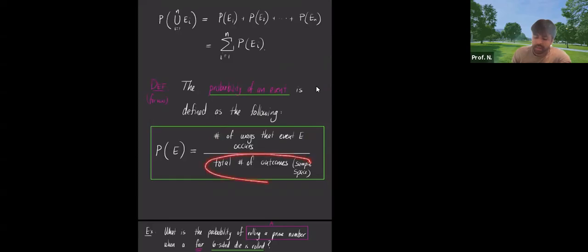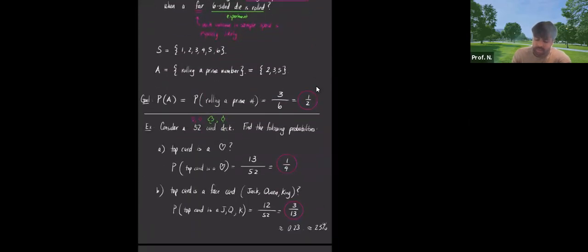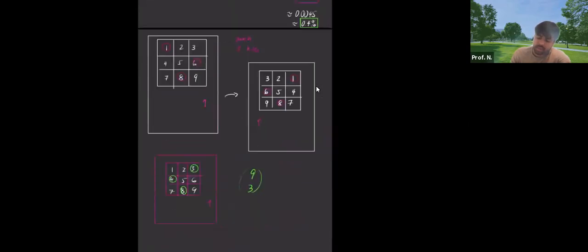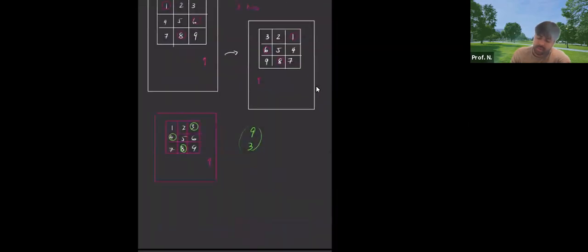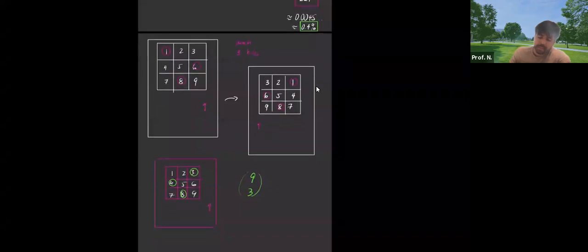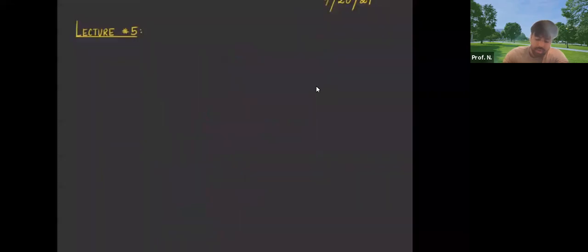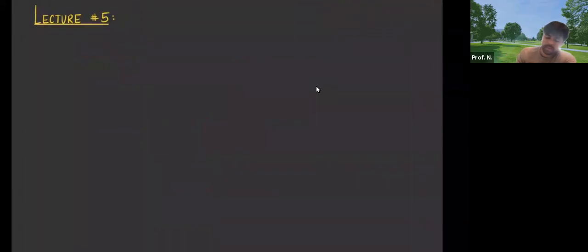So the denominator indicates the number of outcomes in the sample space, and the numerator indicates the number of ways of having the event E occurring, whatever that E is. And then we saw some examples, and then we finished with a little bit of help with the Hungarian problem.